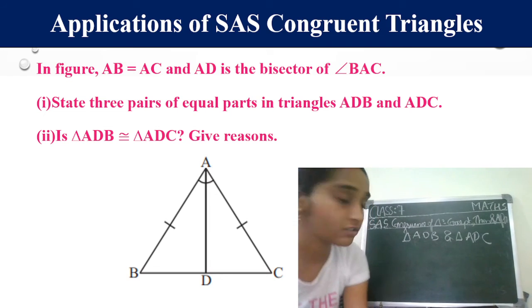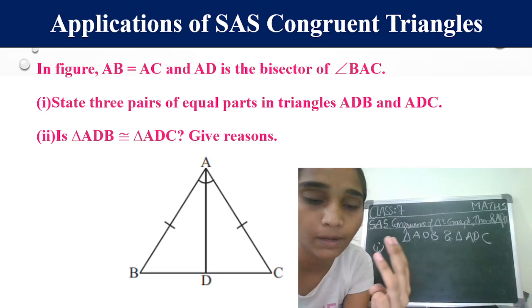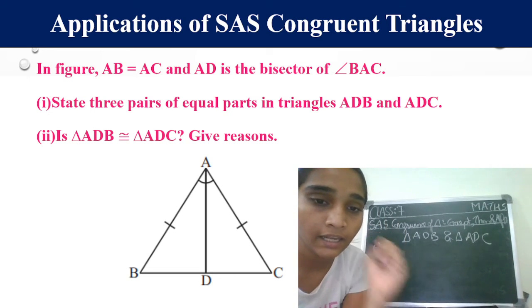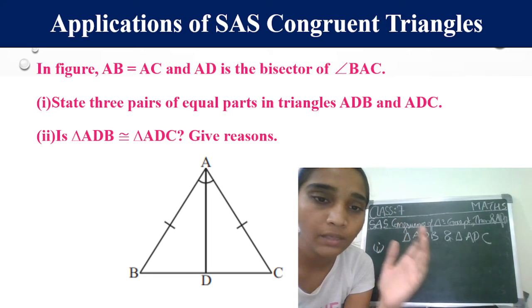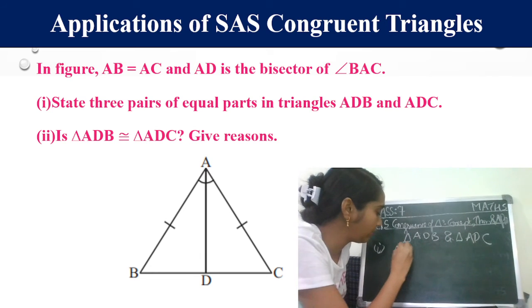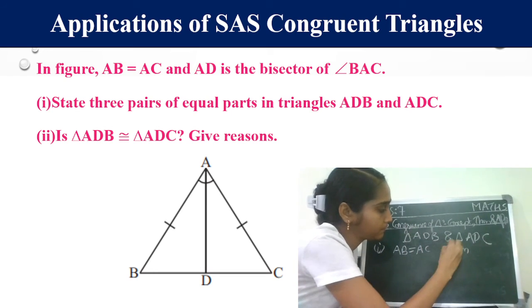Now, the first question they are asking is to state the three pairs of equal parts in these triangles. So students, in the triangles ADB and ACD, if we focus, we are already given AB equal to AC. Yes, one part is equal by given, AB equal to AC, which is given to us.